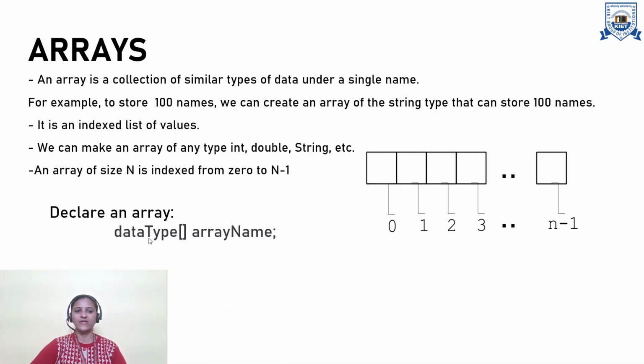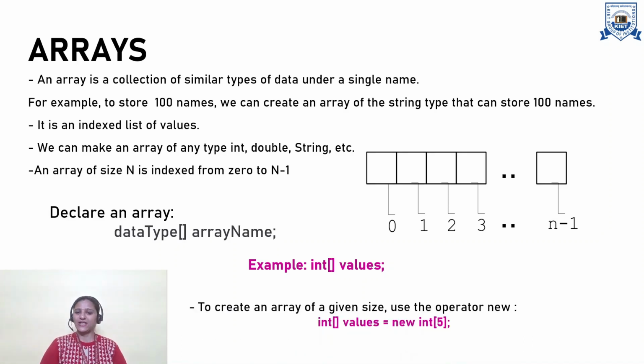How to declare an array? So first, we give the data type denoted by this bracket and then the name of the array. Example, int and the square bracket with the name of this array. Denoted here, I have denoted with the name values. To create an array of a given size, use the operator new.